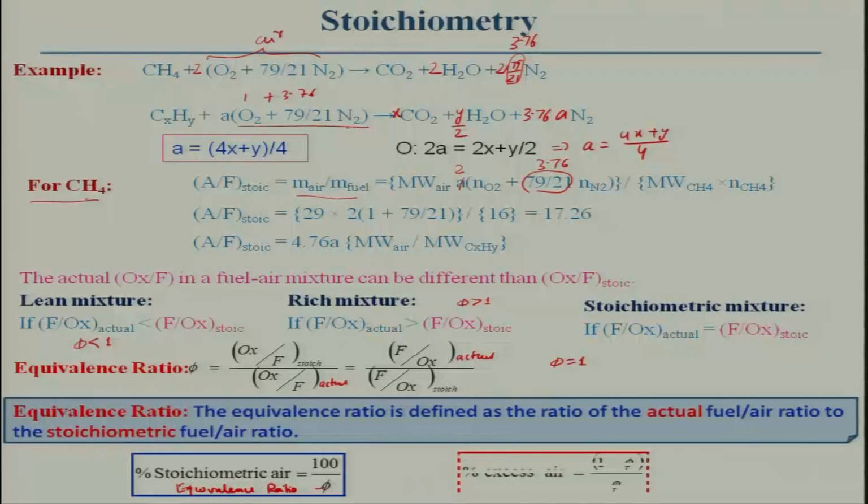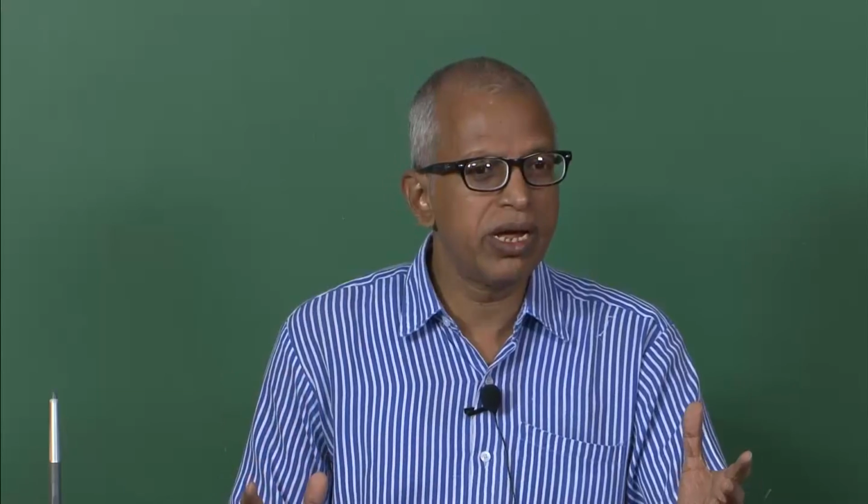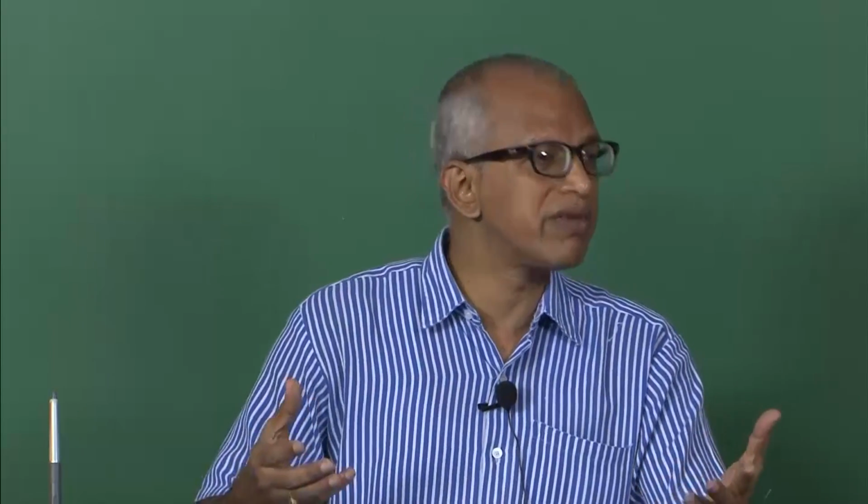And similarly, I can find out the percent of excess air, that is nothing but (1 minus phi) divided by phi, and this phi is also the equivalence ratio. That tells how much excess you are giving. As I told, for complete combustion, or to reduce the emission, we always give excess air.